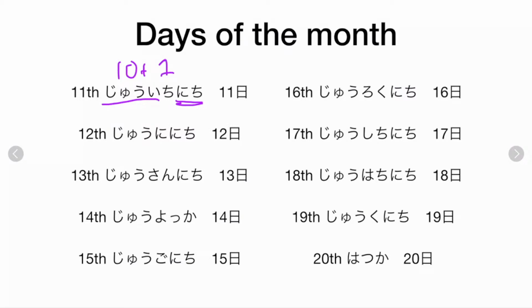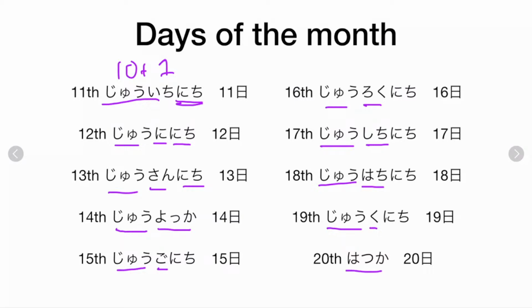So the 11th day. Juuni nichi. Juusan nichi. This one should be easier for you. Juuyokka, not juuyon nichi. It's juuyokka. Juugo nichi. Juuroku nichi. Juushichi nichi, not juunana nichi, but juushichi nichi. Juuhachi nichi. Juuku nichi, not juukyuu nichi. And Hatsuka.